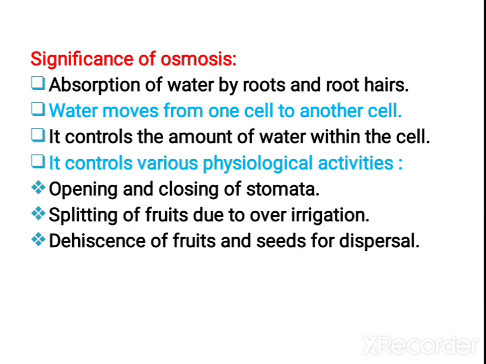So here water plays an important role for dehiscence of fruits, that is breaking by releasing of the seeds, and it helps in seed dispersal. When it breaks, the seed is dispersed to faraway places. Otherwise, all seeds will fall closer to the mother plant. These are the significance of osmosis.